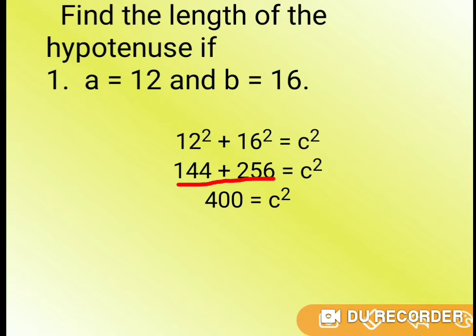So you will get 400. On the other side, you have C square, which is unchanged. So on the right hand side, you have C square. On the left hand side, the sum of 144 and 256 gives 400.